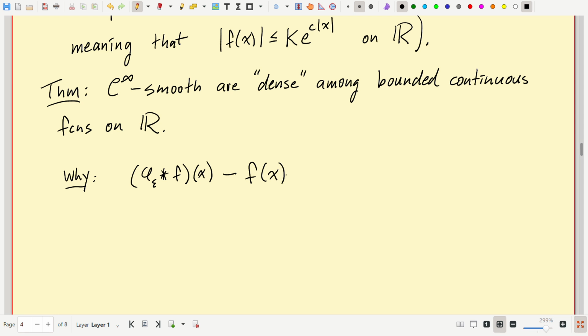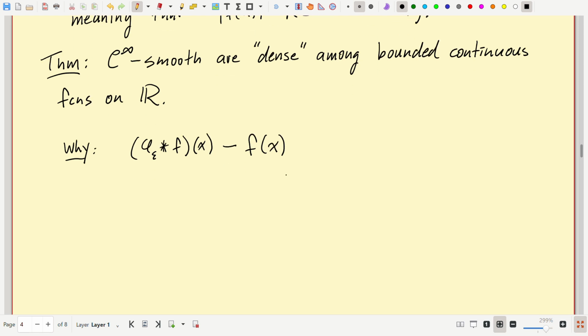If you write those integrals out like we did before, this one I would write out as the integral from minus infinity to infinity of phi epsilon of t times f of x minus t dt.